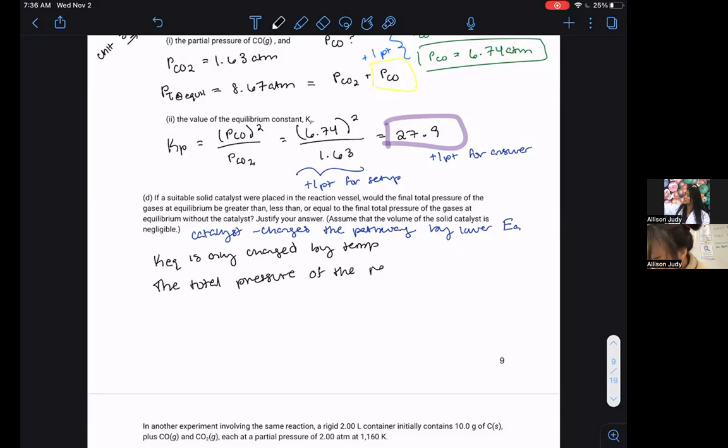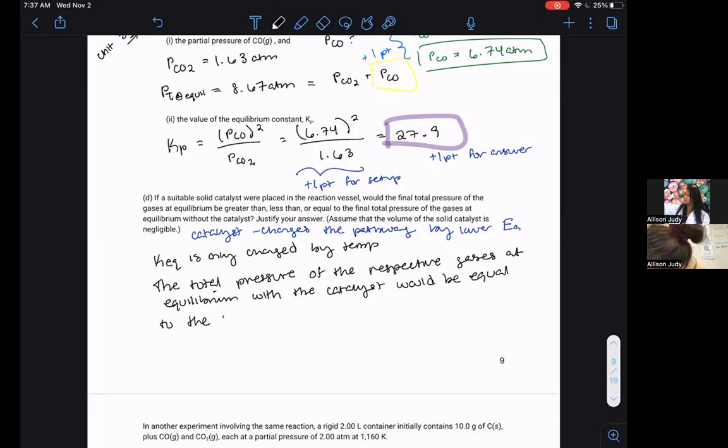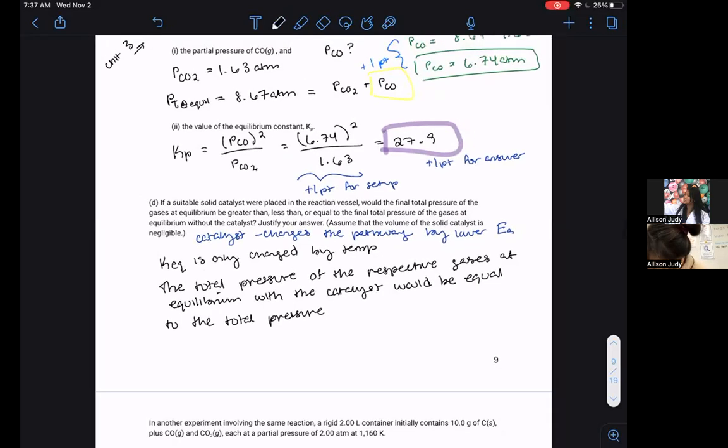of the respective gases at equilibrium with the catalyst would be equal to the total pressure of the gases without a catalyst.